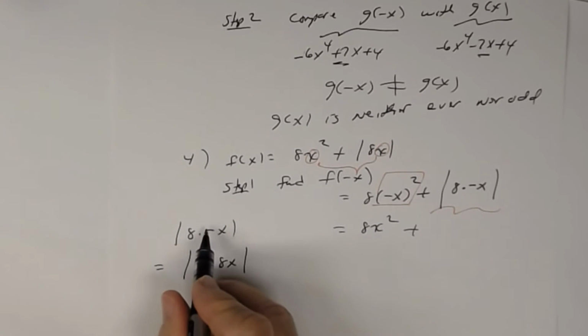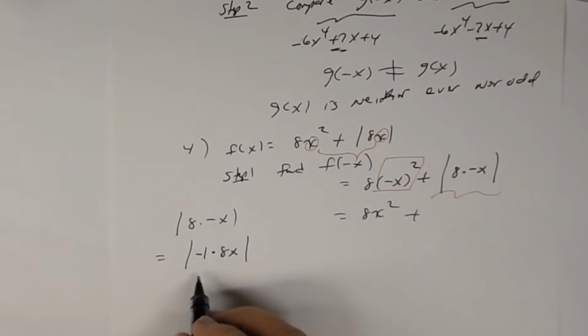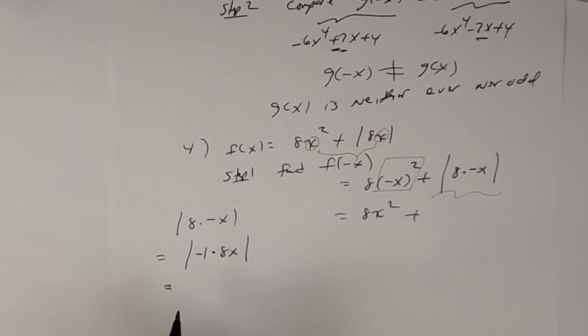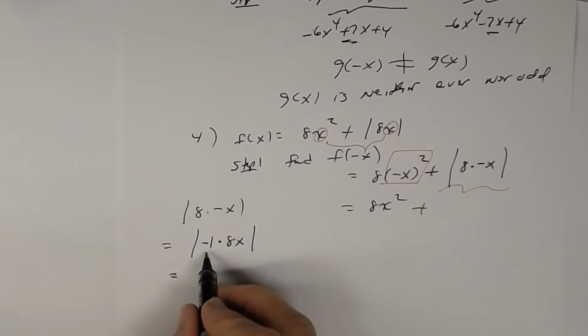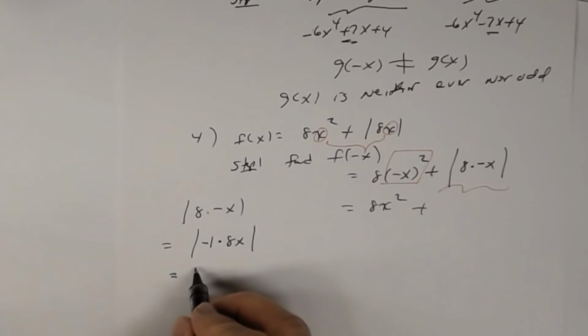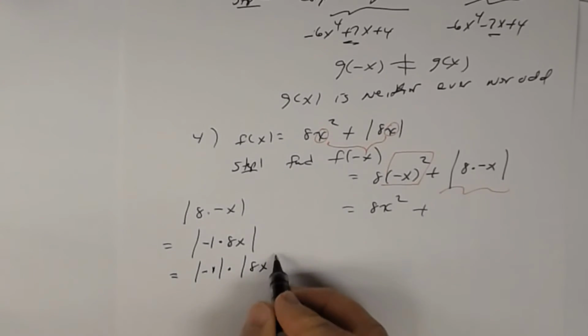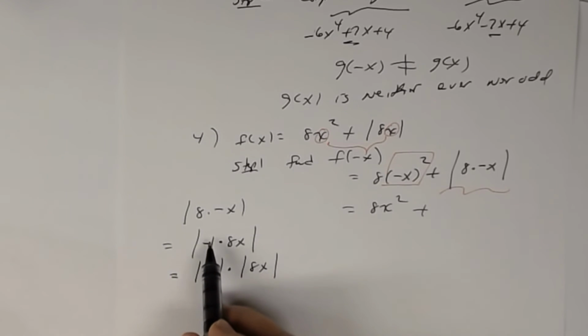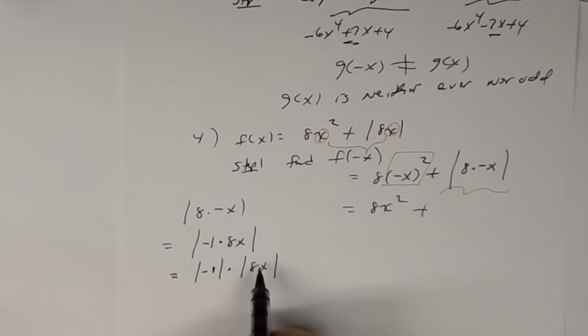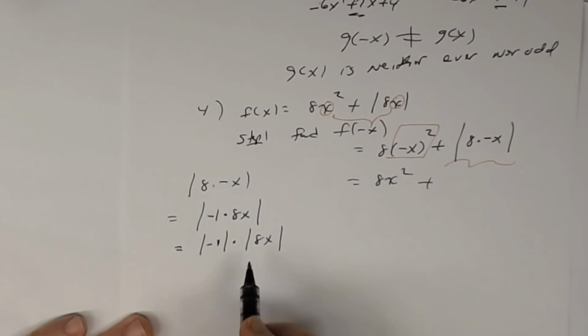Negative 1 times 8x is this right here, right? You'll also agree that I can write this as the absolute value of negative 1 times the absolute value of 8x. So the absolute value of this product I can write separately.